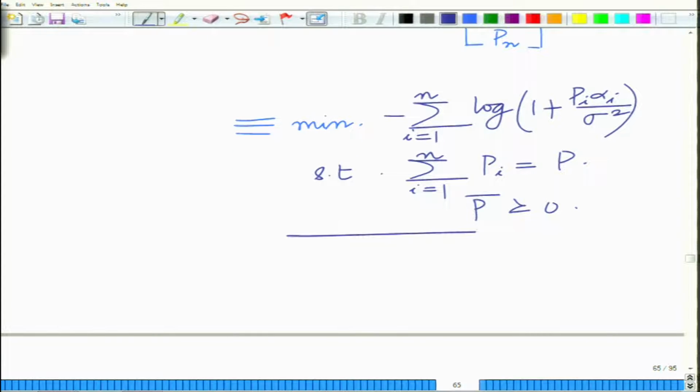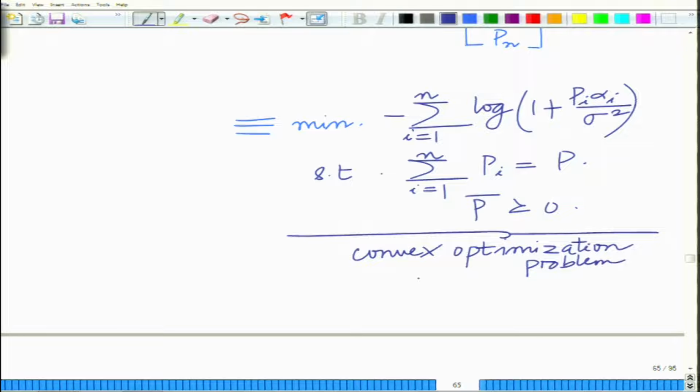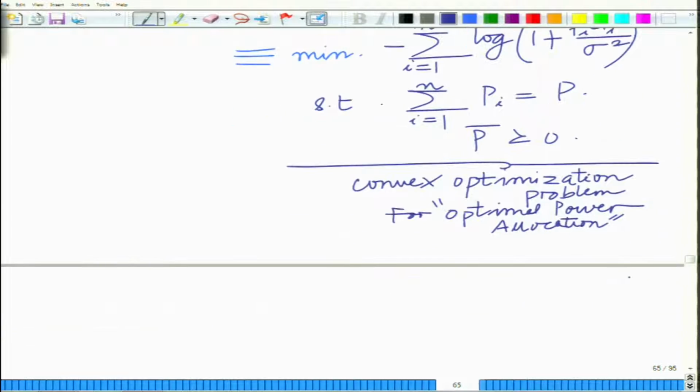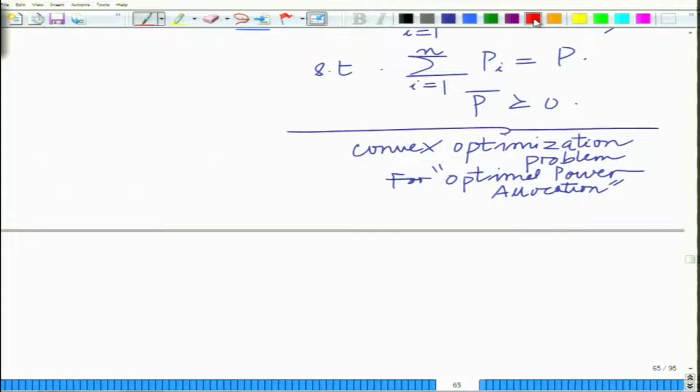So this is your convex optimization problem for optimal power allocation. You are allocating the powers optimally, typically termed optimal power allocation.